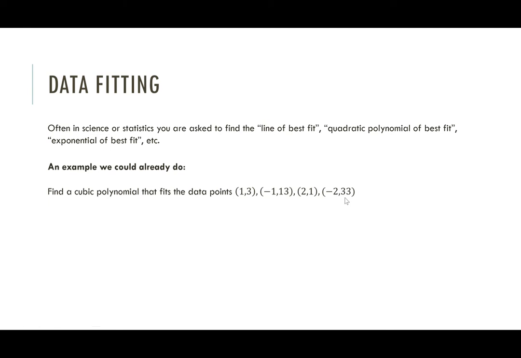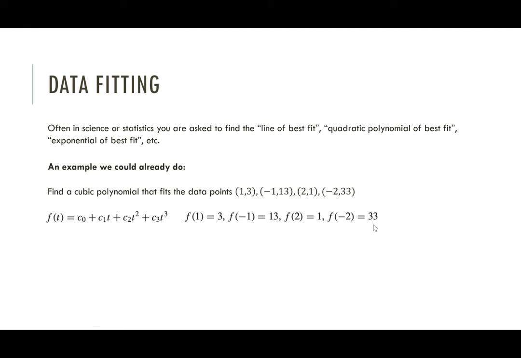That's really asking: find some function c0 plus c1 t plus c2 t squared plus c3 t cubed such that f(1) is 3, f(-1) is 13, f(2) is 1, and f(-2) is 33.